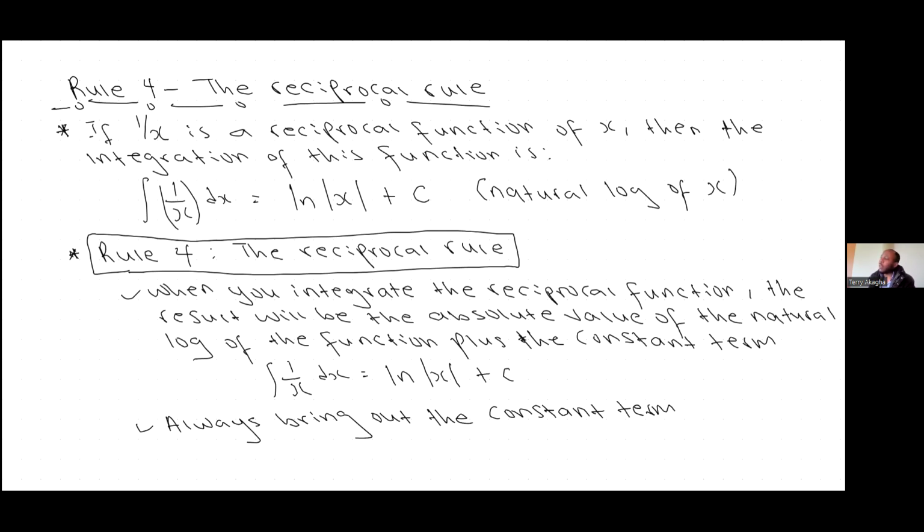So let's pick an example. Number 1, let's assume we're integrating 1 over x with respect to dx. This is going to give us ln of the absolute value of x, plus what? C. Now, let's make it a little bit interesting. Let's assume we're integrating 5 over x dx.